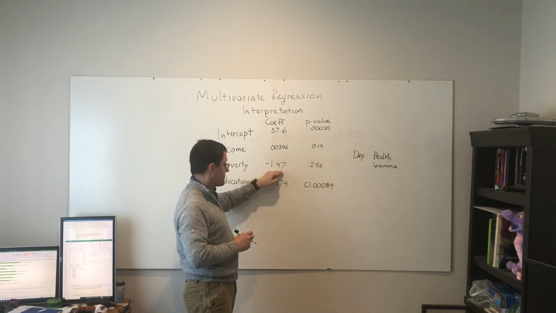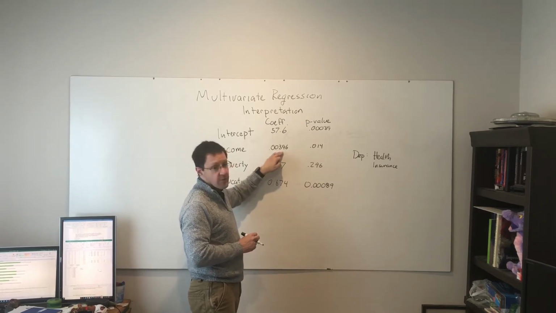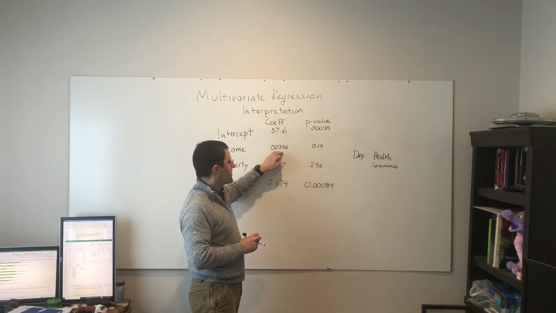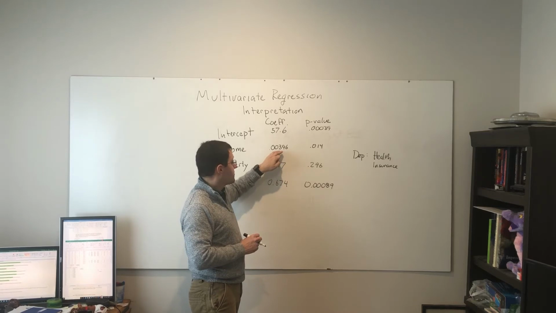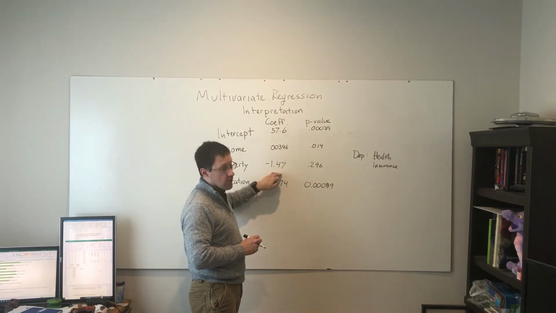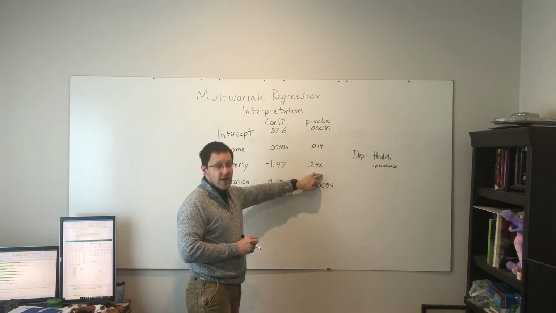For poverty, yes, the coefficient is larger, but the poverty rate might range from 0 to 30% in a county, whereas the per capita income ranges from like 10,000 to, I don't know, 50,000. So, as we'll see shortly when we look at the exact interpretation, a larger valued coefficient may well not be significant, as is the case here.